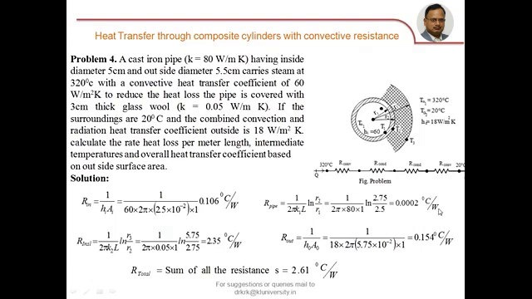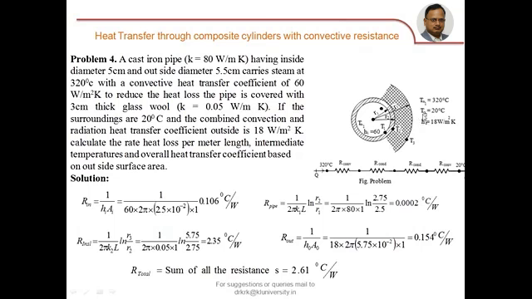By substituting you will get this. And then the next layer is the insulation layer, which is 1 by 2 pi K2 L log R3 by R2. So by substituting the values you will get this.